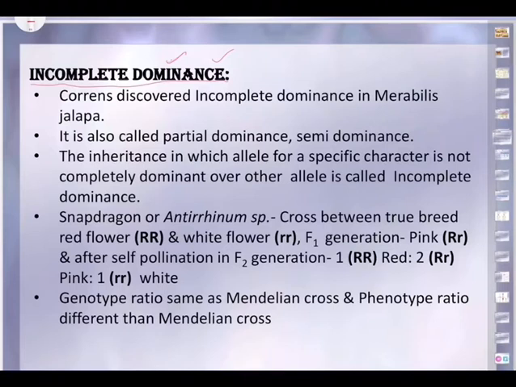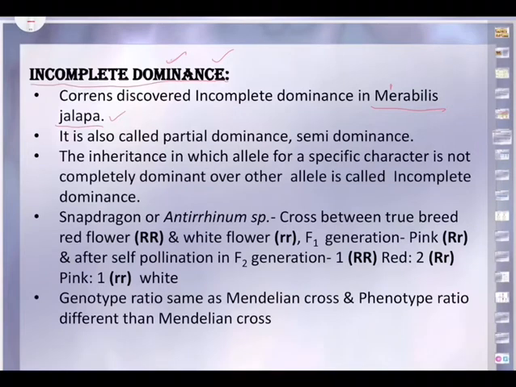I'll repeat, incomplete dominance is a phenomenon where the dominant allele does not express itself completely.